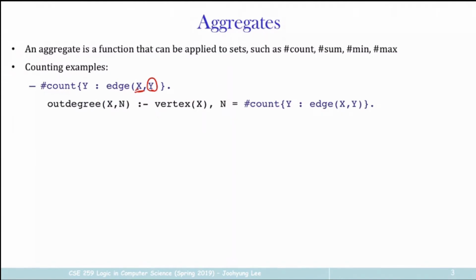So we want to know, given a graph, so imagine that you have a graph that consists of vertices and edges. What we are doing in this rule is, given the vertex x, we want to count how many outgoing edges are from the vertex x. And that number is represented by n. Okay, in graph theory, this is called the out degree of vertex x.